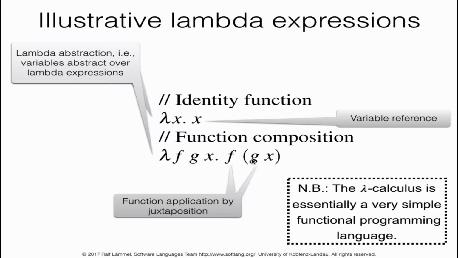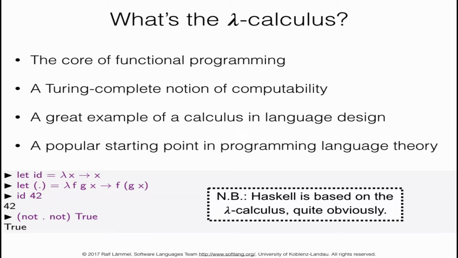And of course we have function application, g applied to x, f applied to g. With these three constructs, you can see that this is essentially a very simple functional programming language.